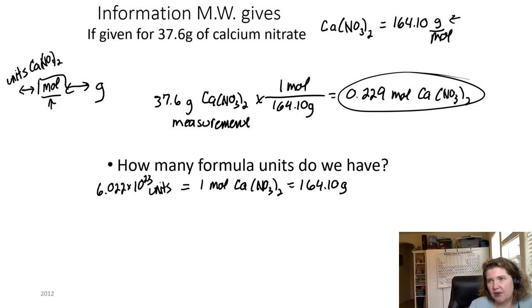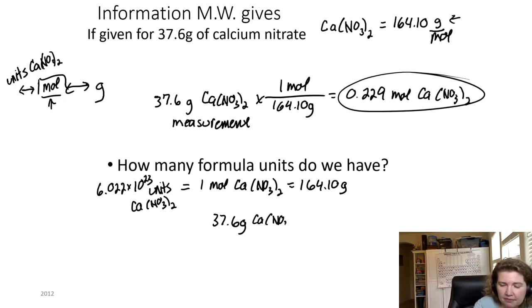Often I'll just say units of calcium nitrate. I already know that I've got 0.229 moles. I could do this many ways because I have lots of measurements here, but I'm going to start with my original measurement: I have 37.6 grams of calcium nitrate, and I have 164.10 grams in 1 mole of calcium nitrate.